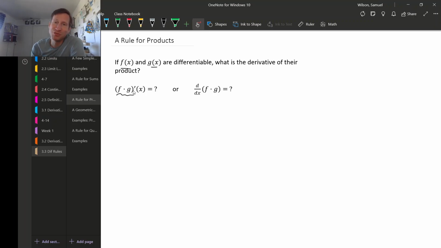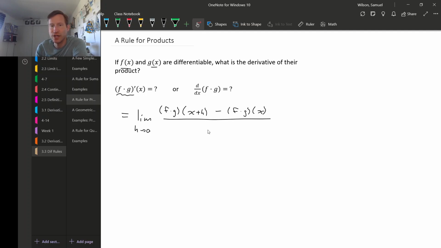As usual, until we have such a derivative rule, the best that we can do is just use the limit definition of a derivative. So this is going to be the limit as h goes to 0 of the product function evaluated at x plus h minus the product function evaluated at x, all over h.